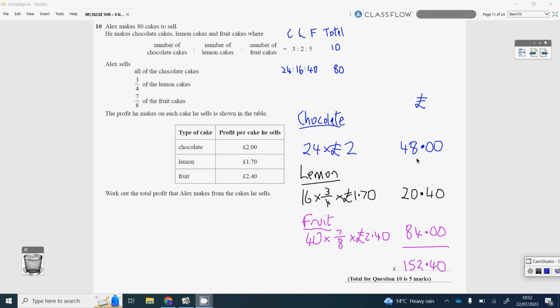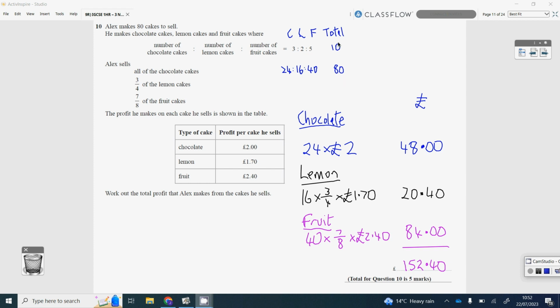Question 10. So we've just got to work our way through all this information. So the first thing we're told is the number of chocolate cakes, number of lemon cakes to the number of fruit cakes is 3 to 2 to 5. And that's for, so I've got chocolate, lemon and fruit, C, L and F. So how many shares is that in total? 3 add 2 add 5 is 10. So 10 shares in total, but we're told there are 80 cakes in total.